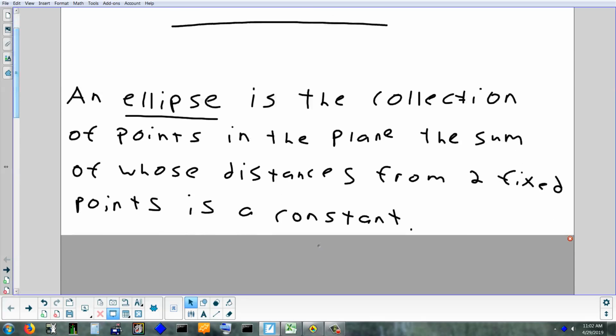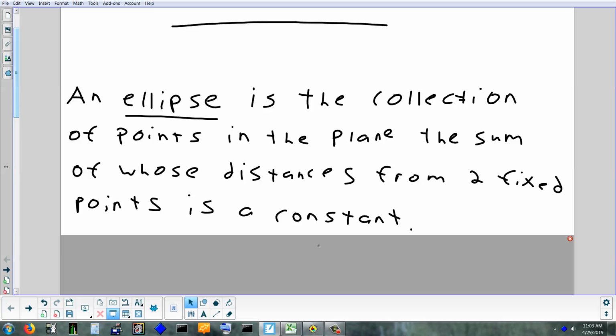So if you take any point that's on the perimeter of the ellipse, and you measure the distance from that point to a special point, and from that point to another special point, which I'll tell you what they're called in a minute, it will always add up to the same number. What that number is, well, it's different for different size ellipses. But for a given ellipse, that number will always be a constant.